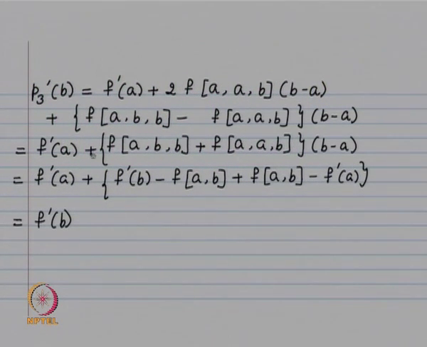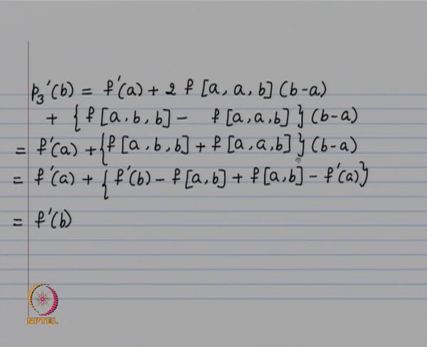Now, we simplify it. This will be f dash a, then here you have 2 times f of a a b into b minus a and here it is minus. So, that is going to be f of a a b with plus sign and then this plus f of a b b into b minus a. This will be nothing but f dash b minus f of a b divided by b minus a. So, it will get cancelled here.